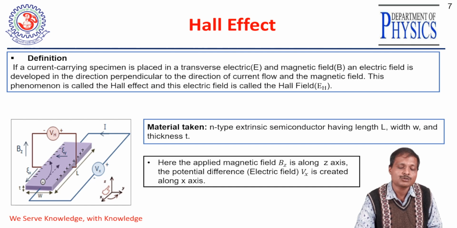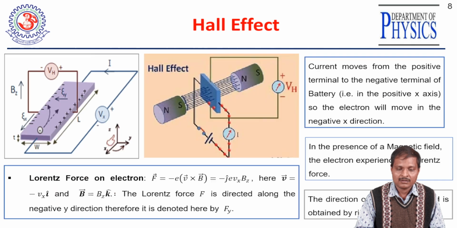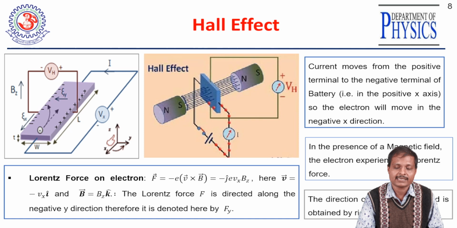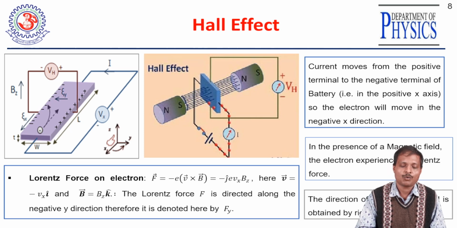That means the electrons will flow in the opposite direction. The current moves from the positive terminal to the negative terminal of the battery, so the electrons will flow in the opposite direction, that means in the negative x direction. Now, in the presence of the magnetic field, the electron will experience a Lorentz force, as we know. What is the magnitude of the Lorentz force?